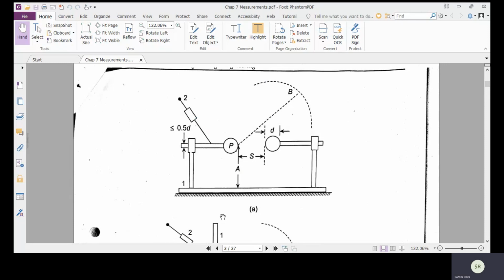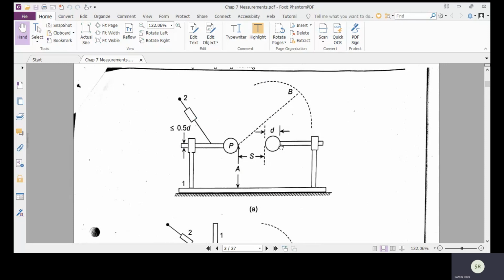The horizontal arrangement is usually preferred for sphere diameter being less than 50 centimeter. Now in the figure, the sphere diameter is represented by D. So in horizontal arrangement, the value of D must be less than 50 centimeter.